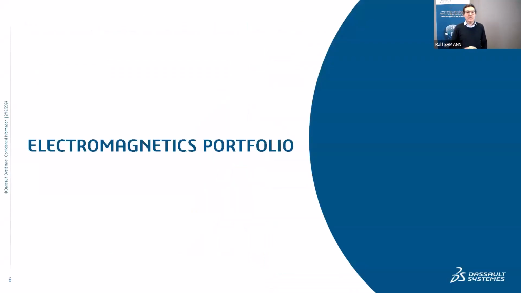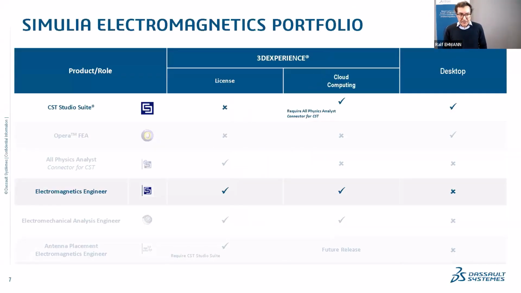So let's have a look at how the CST Studio Suite portfolio has evolved in recent years. The SIMULIA Electromagnetics portfolio can be found either on the 3DEXPERIENCE platform as well as on the desktop.